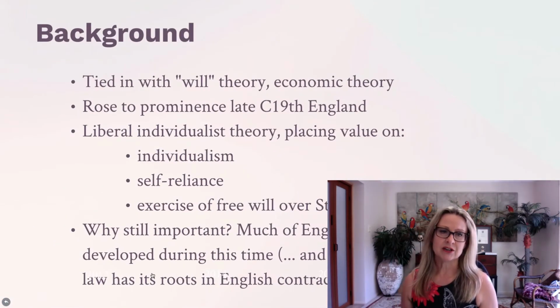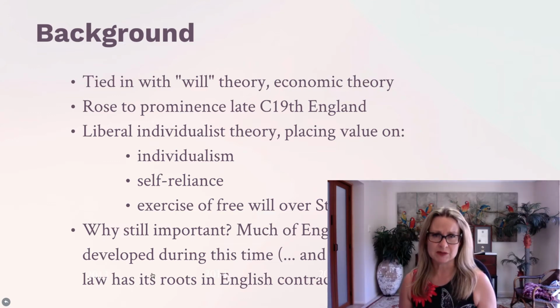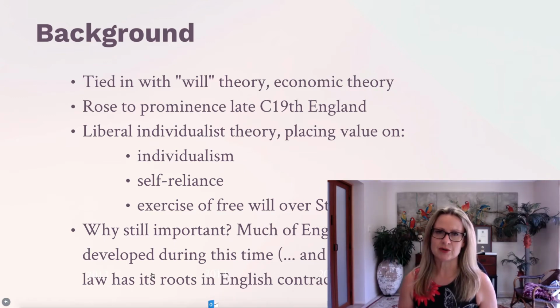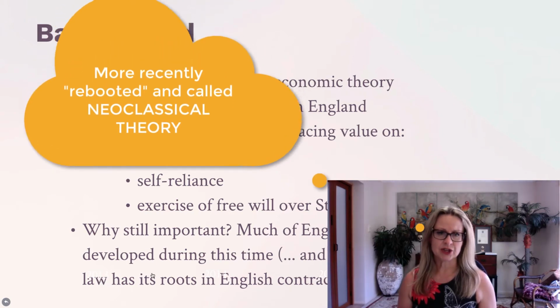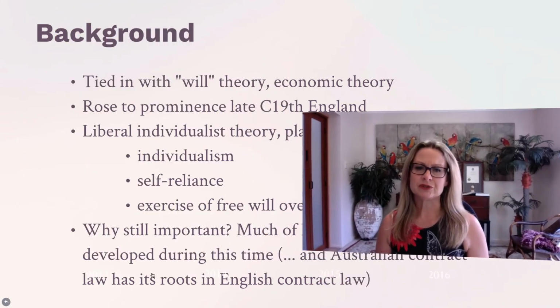The background obviously is it's very heavily tied into the will theory and economic theory. And given that economic theory has been so influential pretty much since the 80s, it really does mean that this classical contract theory is very, very heavily entrenched in legal minds, and particularly in terms of judicial decision making. It rose to prominence in late 19th century England. Liberal individualist theory.